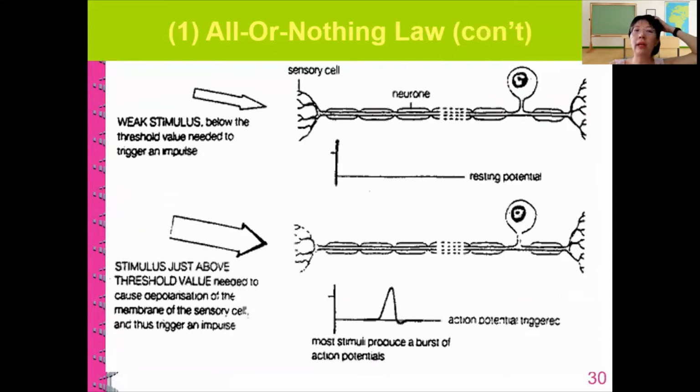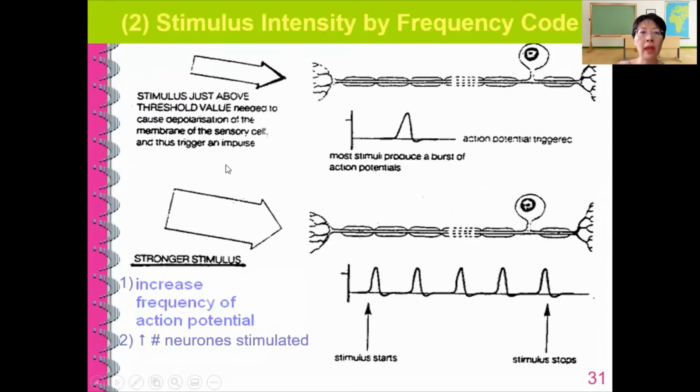Here you can see that the width of the arrow shows you different intensities of stimulus. This intensity is definitely below the threshold, so there's no action potential. This is above threshold, therefore there's action potential. And between these two, this is actually a stronger stimulus intensity compared to this one.